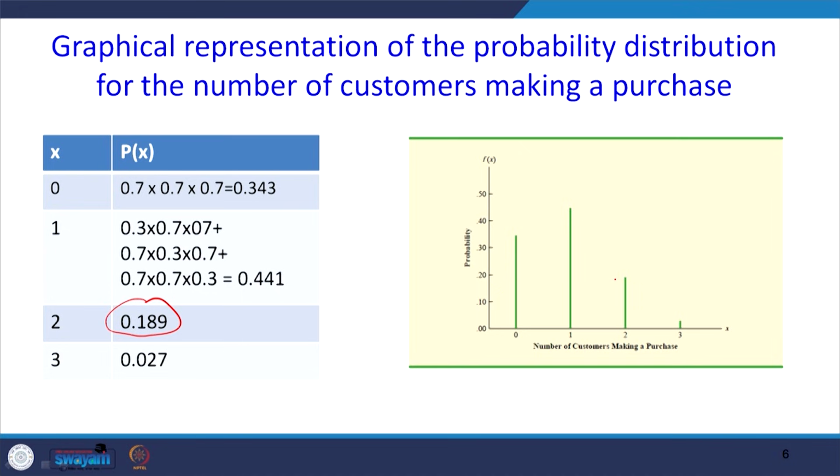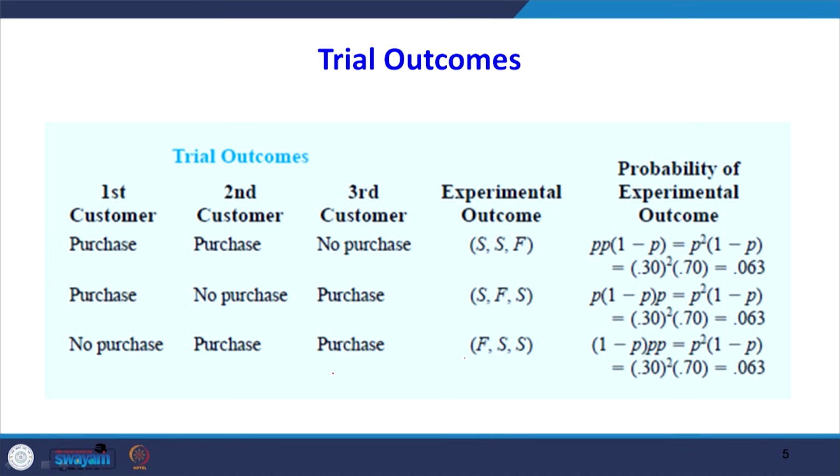So this we can do manually, but it will take a lot of time. Here with the help of binomial distribution, you can get all these possibilities. P of capital X equal to 2 is nCx p power x q power n minus x, where n equal to 3, here x equal to 2, p is the probability of success, q equal to probability of failure.